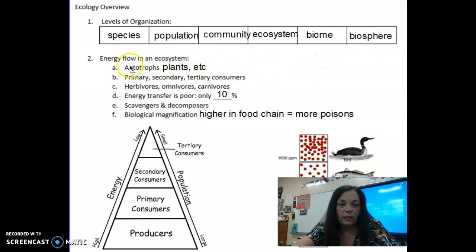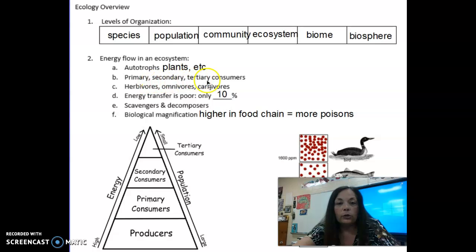All right, so then there's a whole unit on energy flow, which you guys have been doing food webs and food chains for a very long time, probably since third grade. So just remember that an autotroph is anything that can make its own food. We like to think of these as plants, but that also includes seaweed and algae. Some bacteria can do that, okay?